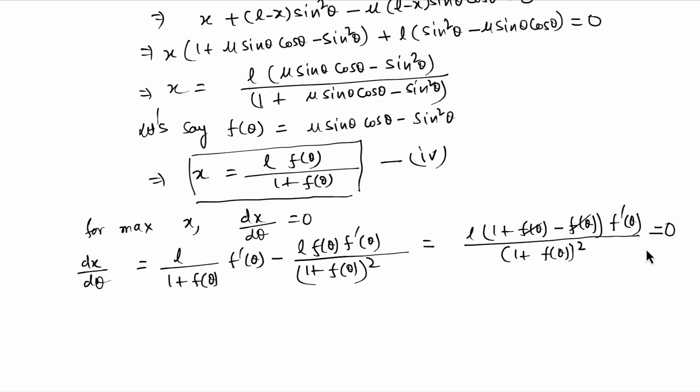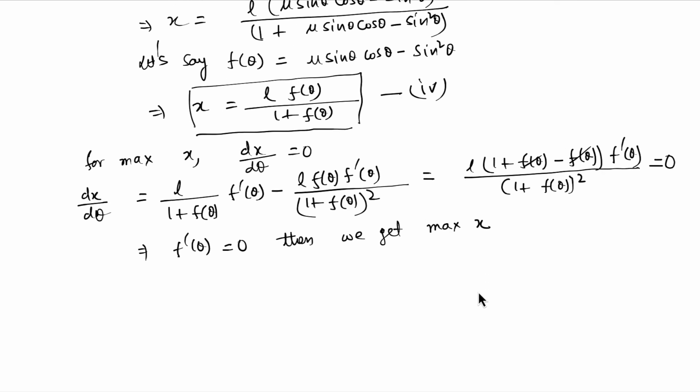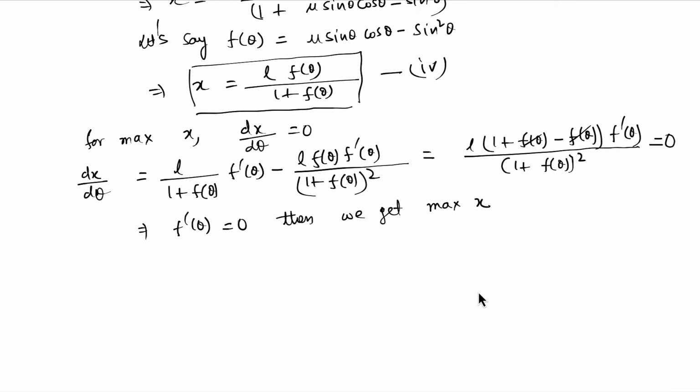We need to put it to 0. So when f prime theta is 0, we get maximum x. Max or minimum you can check by double differentiating it, but for the sake of time, let's assume that this is giving us maximum, which is true also.